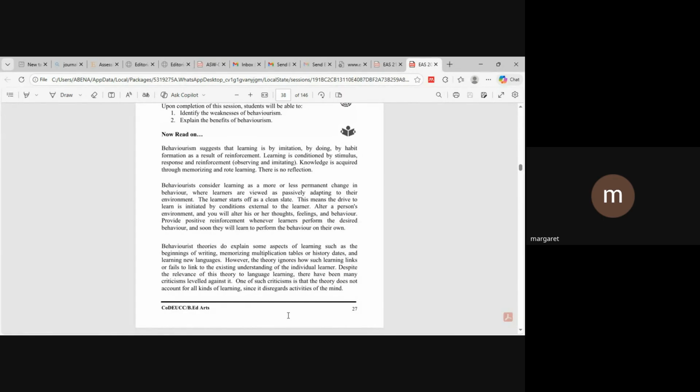An error occurs when the child doesn't know and the child cannot correct themselves. For example, we are reading an essay and you see that the child is spelling bad as D-A-D, and you can see it consistently through the essay. It could be that the child doesn't know how to spell bad. So the child cannot correct himself, and that is what we call an error.